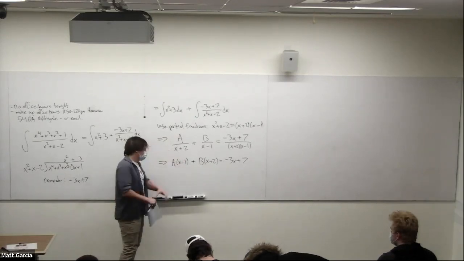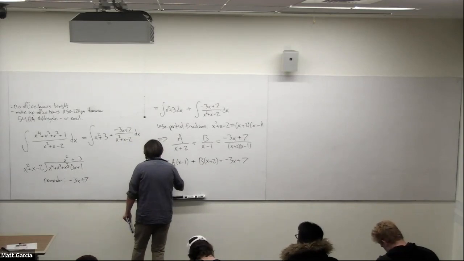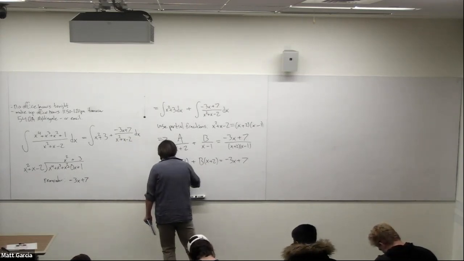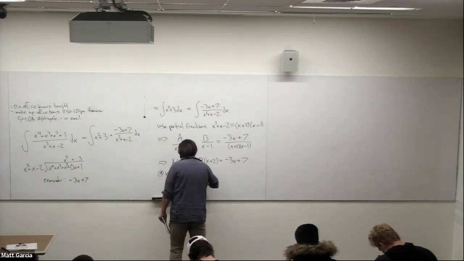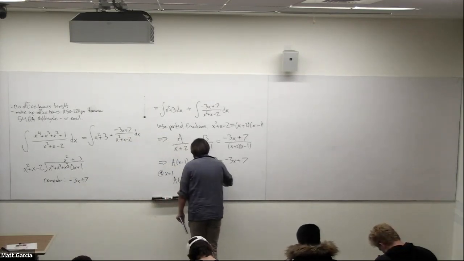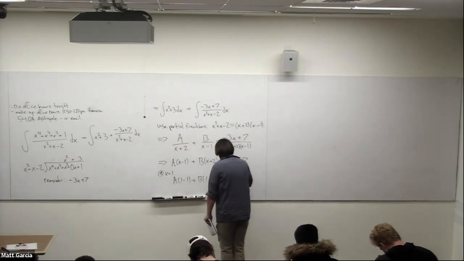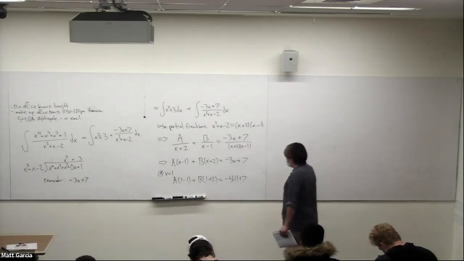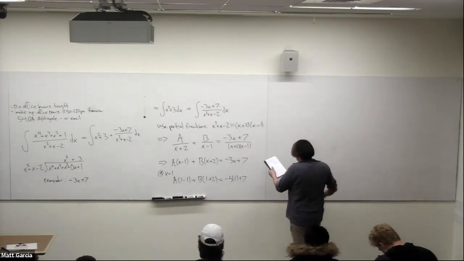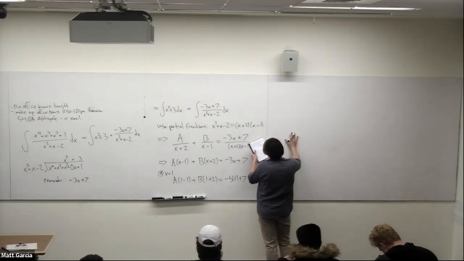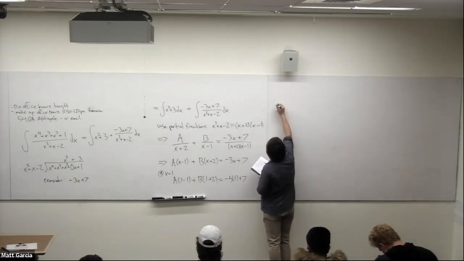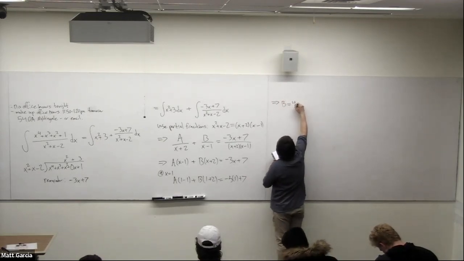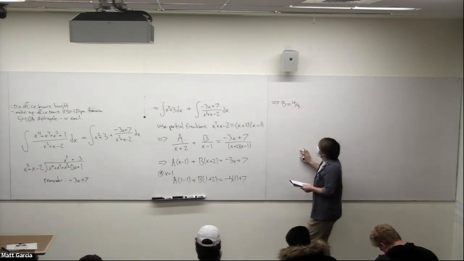So let's start by looking at what happens when x equals 1 and this first term goes to 0. At x equals 1, you get A times 1 minus 1 plus B times 1 plus 2 is equal to negative 3 times 1 plus 7. What do we get when we do some arithmetic here? This implies that B is equal to 4/3, right?